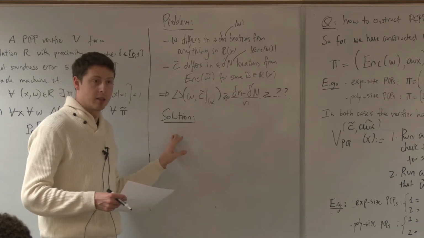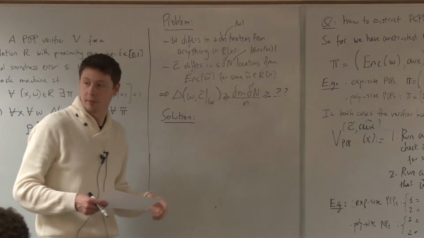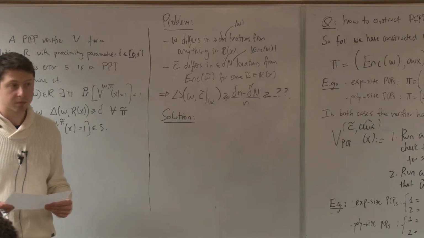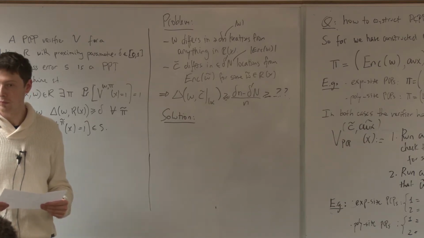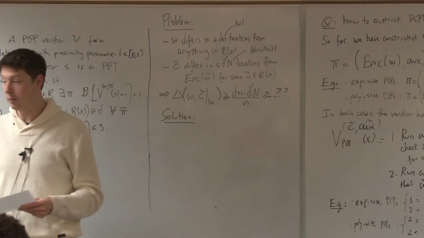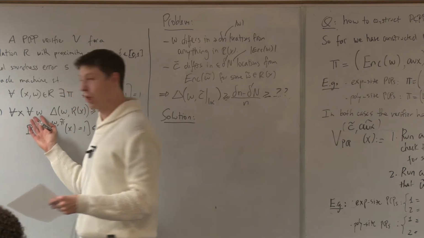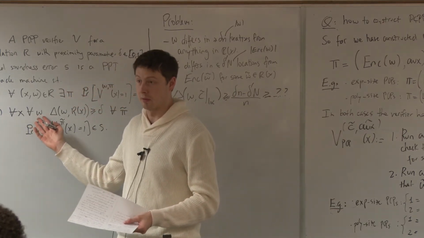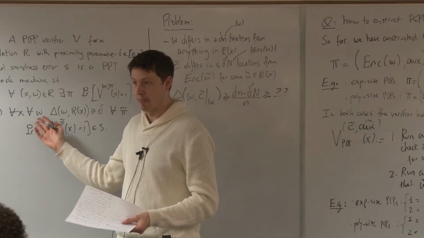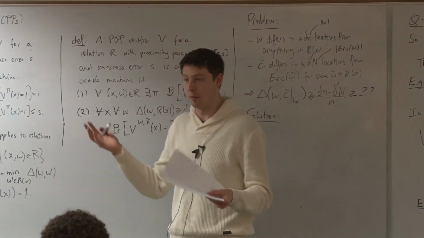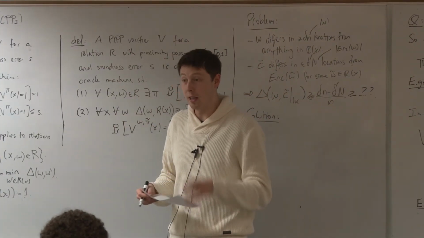Okay. What do we do about this? Yeah? So we could compare an encoding of W to the encoding instead, and then if the code has a good distance, then you only need to check a small number of bits. Sure, but that's cheating, right? Because that means that we have to change the definition, right? We only have W. So I have to be able to deal with a raw W, like I don't have it encoded. And that would work, actually.